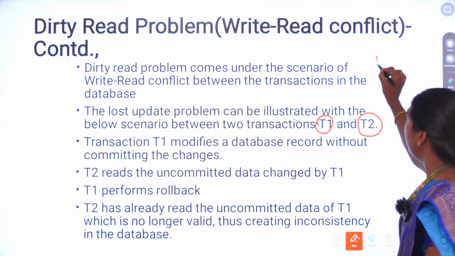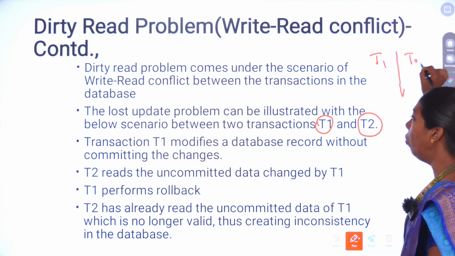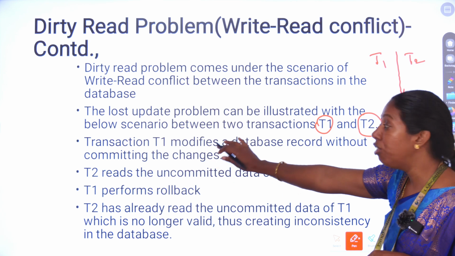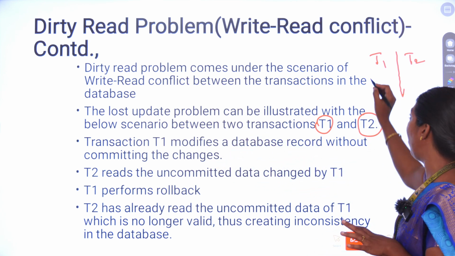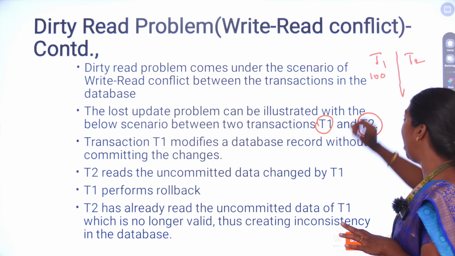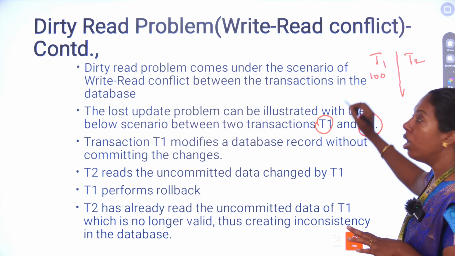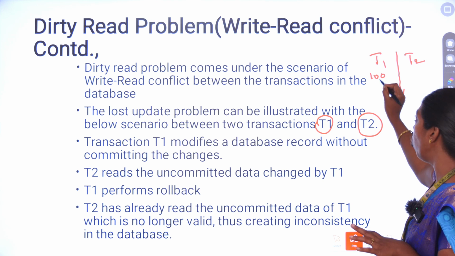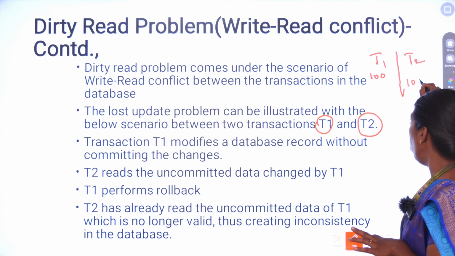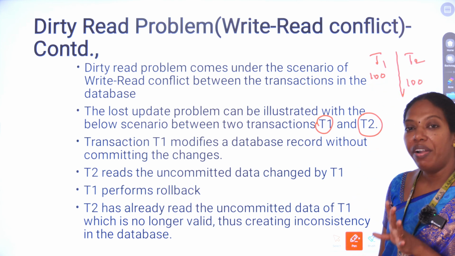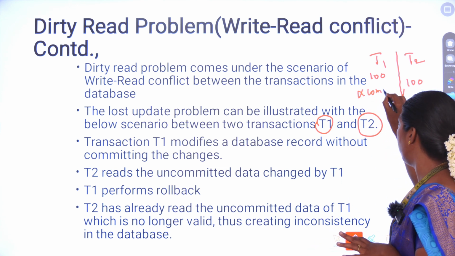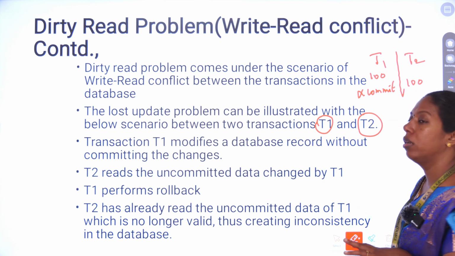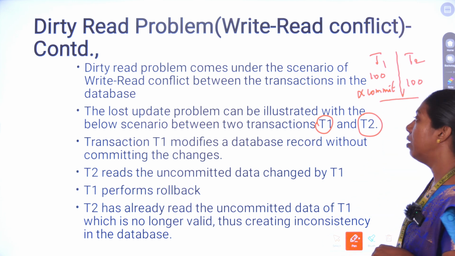T1 modifies the database record, changing the value to 100, without committing. Before T1 commits, T2 reads and updates its value as 100 without knowledge of T1's commit.